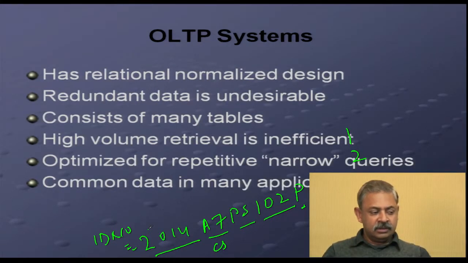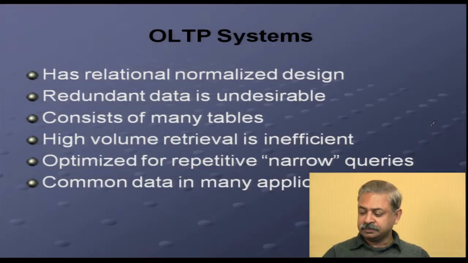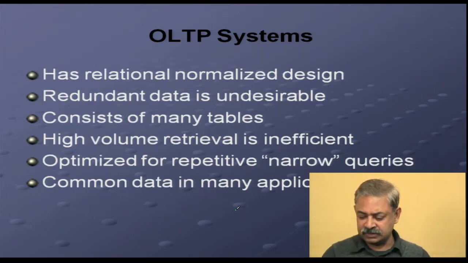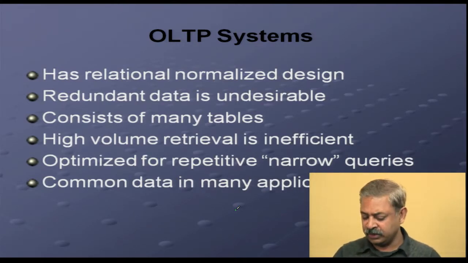And further details on the operational systems. They have a relational normalized design. I'm sure all of you are familiar with the normalization process. The design is typically normalized because, as we know, there are too many updates to be carried out.